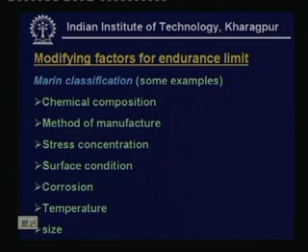Depending upon each situation, one is required to modify the endurance limit obtained either from the rotating beam experiment or from the correlations or graphs we have just seen, the relationship between the endurance limit and the ultimate stress limit.